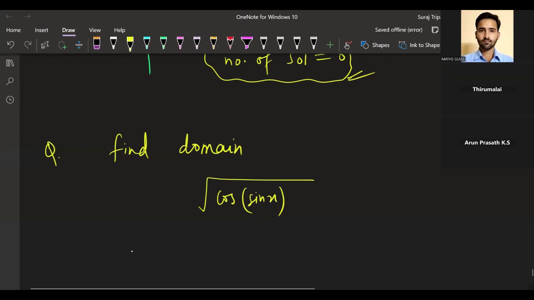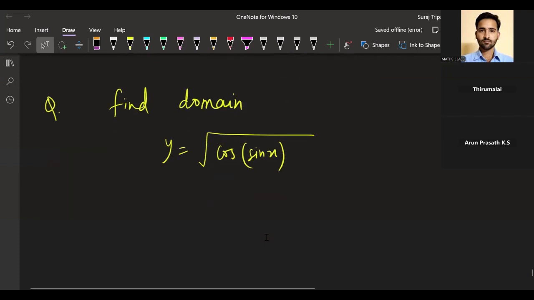Find the domain of this function, y equals root of cos of sin x. What is the answer?